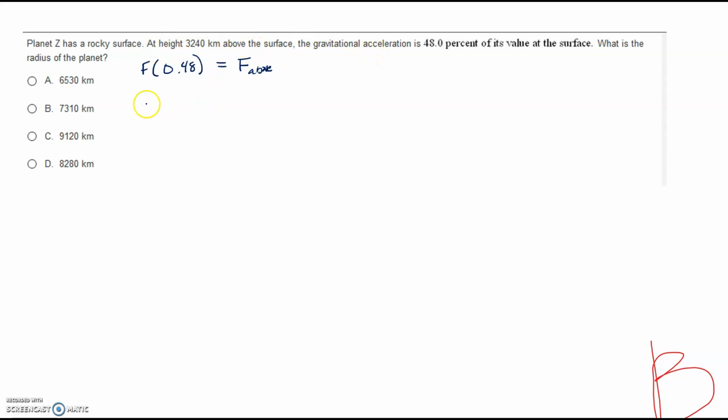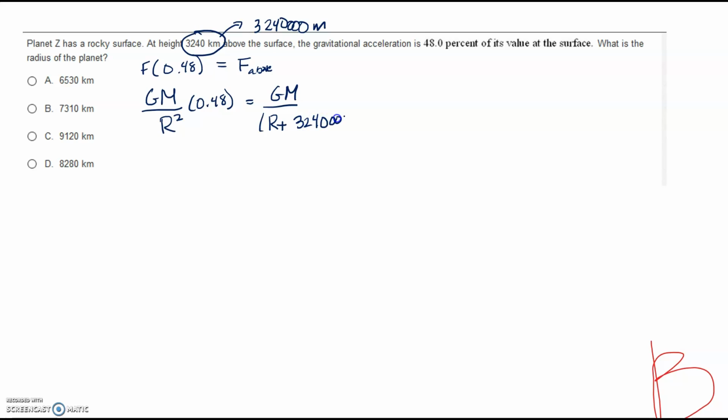Okay, so this is GM over r squared, because my little m's are going to cancel out, times 0.48 is equal to GM over r plus, and this has to be converted to meters, so we have 3240 and 3 zeros, which is meters. So this is 1, 2, 3, and that's squared.